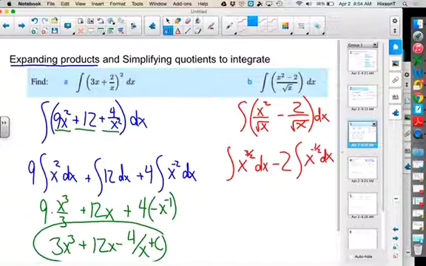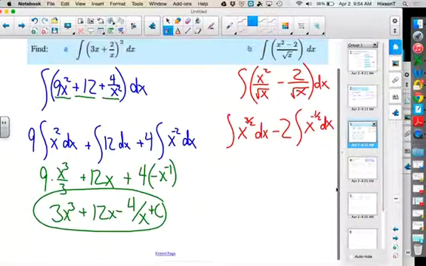Now we're just dealing with our x to the n rule. So we add 1, it's x to the 5/2, divided by 5/2 is times 2/5. Then we do a minus, this is going to be x to the positive 1/2 now. When we divide by 1/2, that's multiplying by 2.